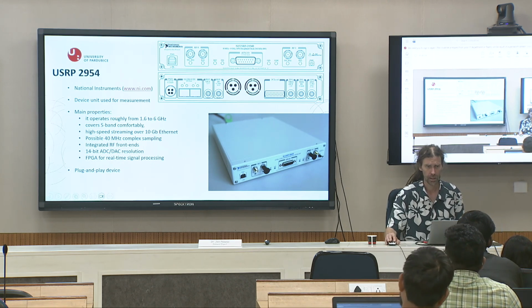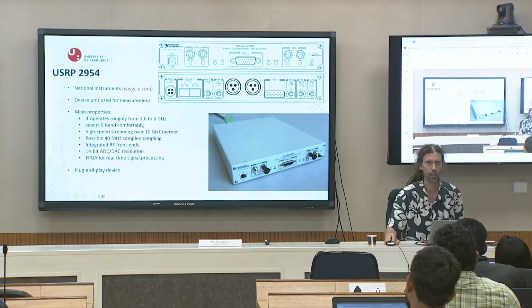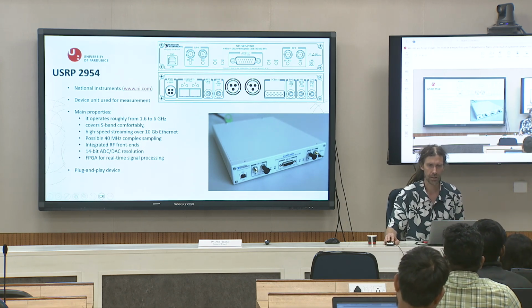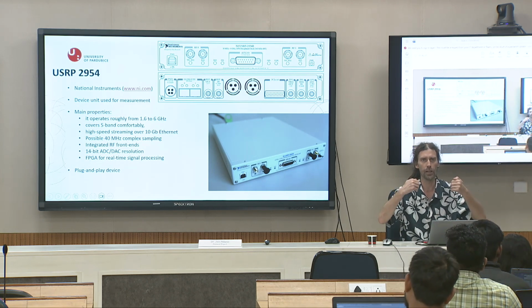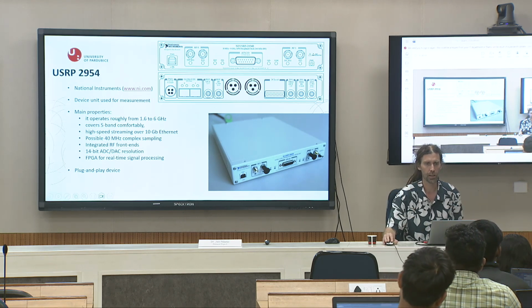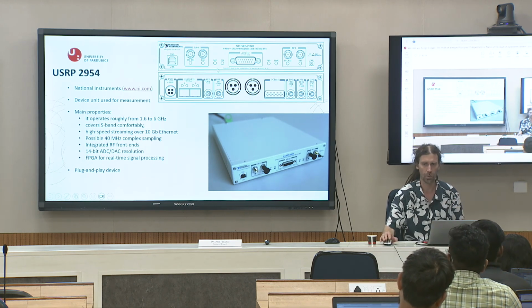In front there is JTAG for programming. RF0 is TX/RX, so you can use it for transmission and receiving. This one is just receiving, and RF1 is transmission and receiving again. So you can use it as a 4 channel receiving SDR, or you can use it as 1 transmission and 3 receiving, and so on.